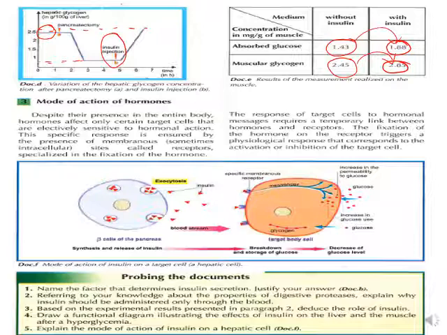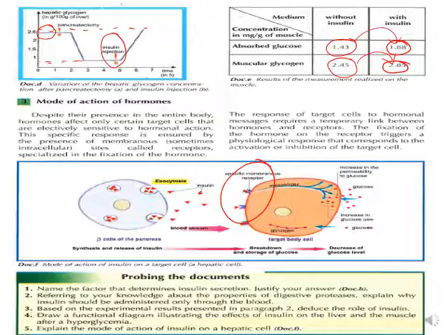The fixation of the hormone on the receptor triggers a physiological response that corresponds to an activation or an inhibition. So here, we have the synthesis and the release of the hormone by the beta cells of the pancreas. Whenever beta cells release insulin into the blood by exocytosis, the insulin hormone fixes on its receptors.